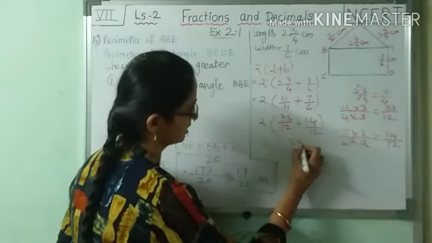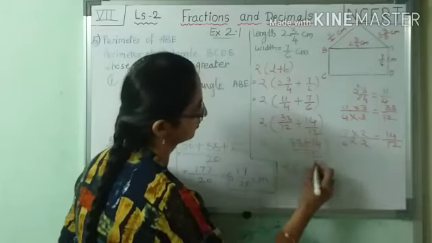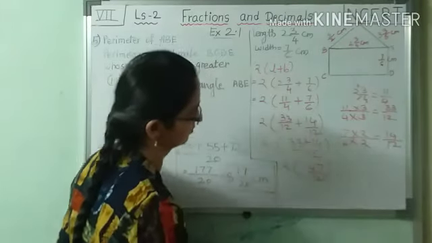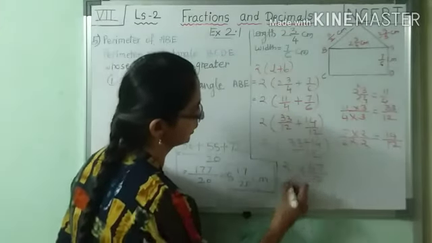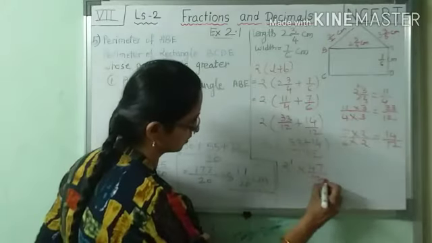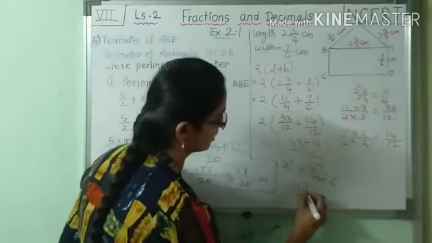Add these two numbers to get 47 by 12. Now we can directly multiply this fraction by 2. So 2 1s are 2, 2 6s are 12. The fraction is 47 by 6.